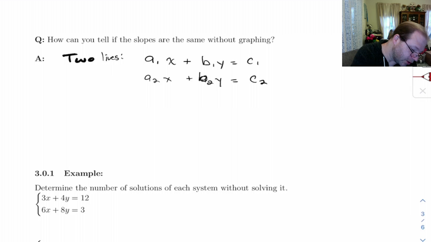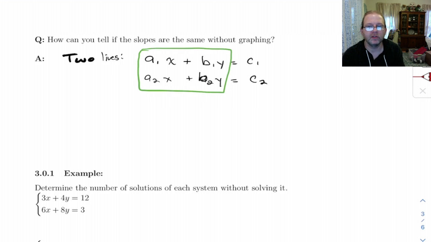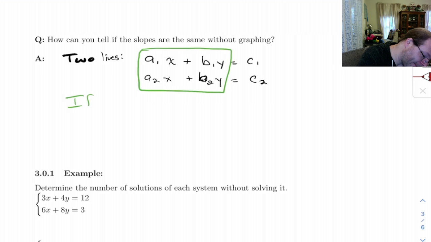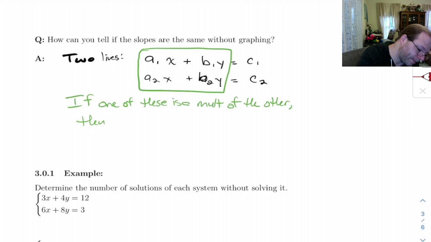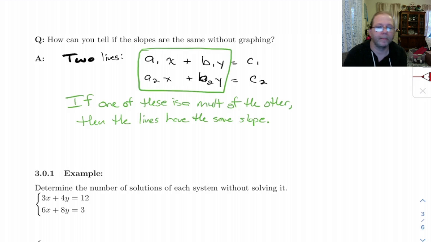Scratch that, I need to put the subscripts on the coefficients. So what you do is you look just at this part here. If one of those is a multiple of the other, then the lines have the same slope. And that's all there is to it as far as finding if they have the same slope.